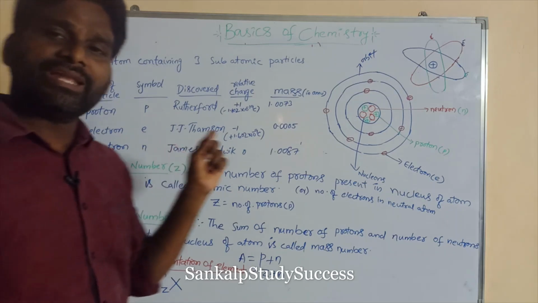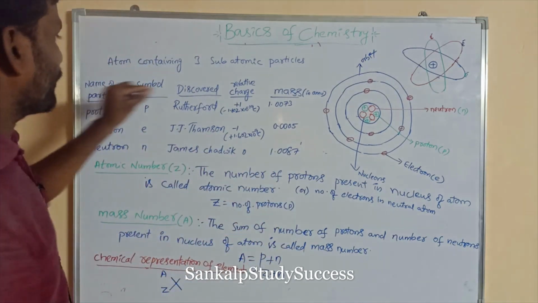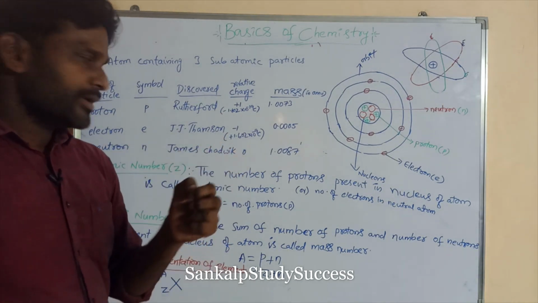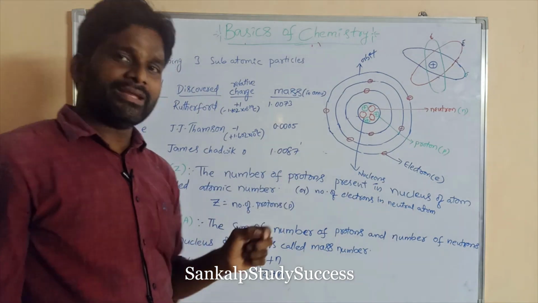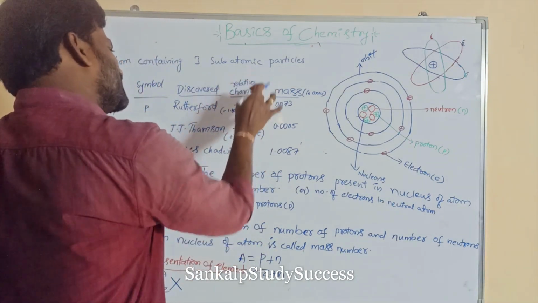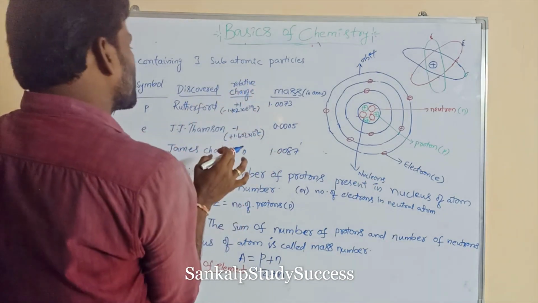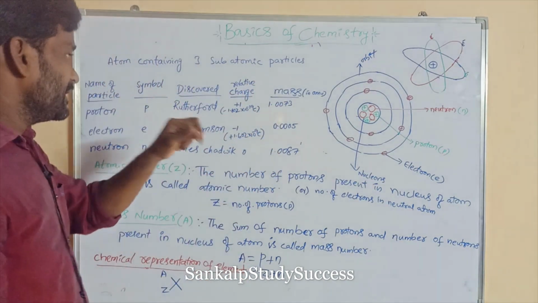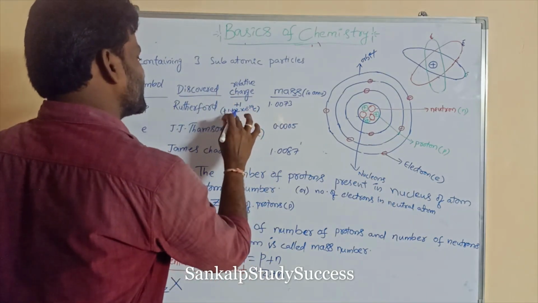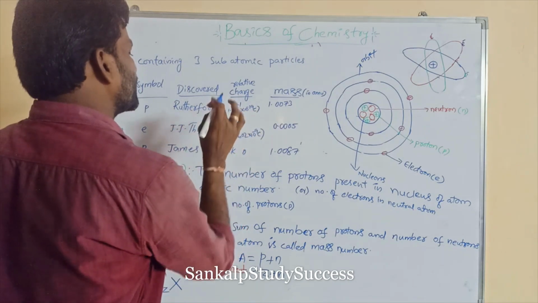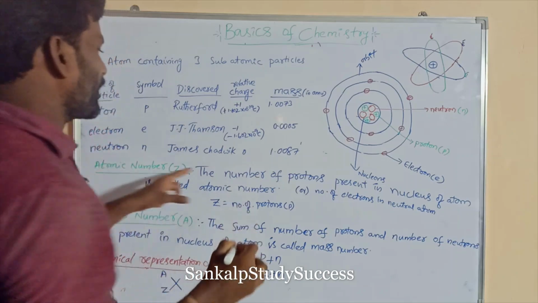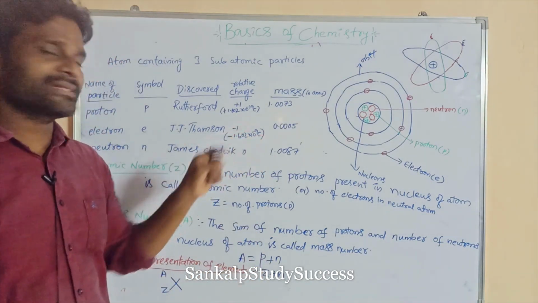The neutron is neutral; it does not have any charge. But the proton has a positive charge and the electron has a negative charge. These are the relative charges, +1 and -1. The actual charge of a proton is plus 1.602 into 10 to the power of -19 coulombs, and the charge of an electron is minus 1.602 into 10 to the power of -19 coulombs.